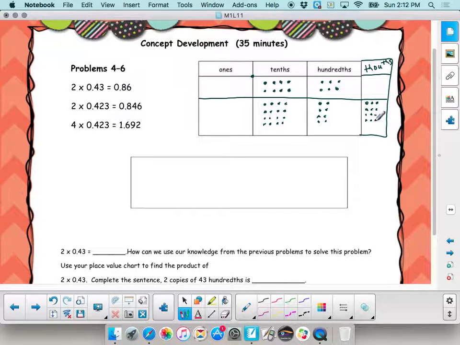The next problem is 4 groups of 423 thousandths. Now I'm going past 10. So I've got to regroup. So I'm going to regroup 10. Two, 4, 6, 8, 9.